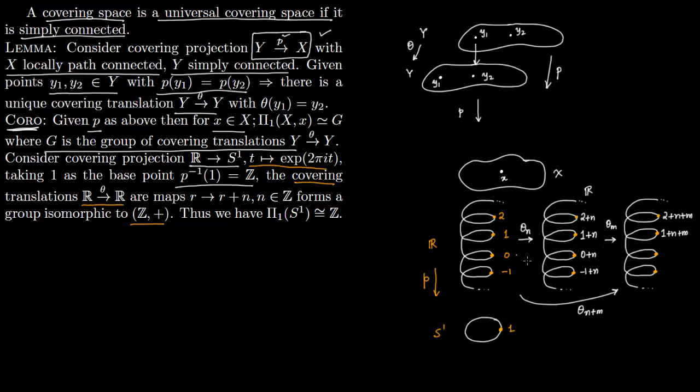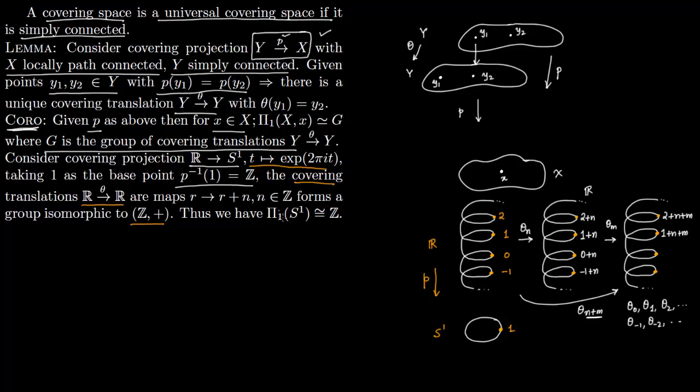You have a group of covering translations consisting of elements like theta 0, theta 1, theta 2, and so on, and also theta minus 1, theta minus 2, and so on. This is an additive operation: composition of two translation maps is as good as addition. So these translations form a group isomorphic to the integers with the plus sign. You compose n and m and you get n plus m.